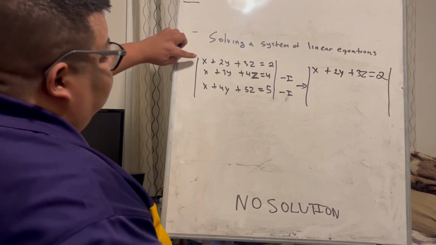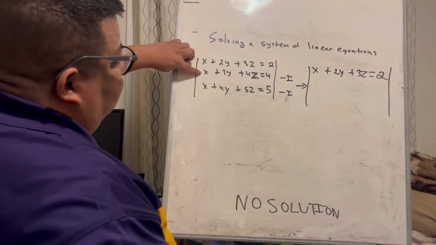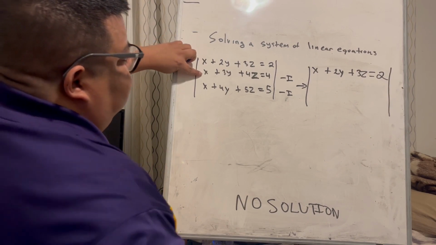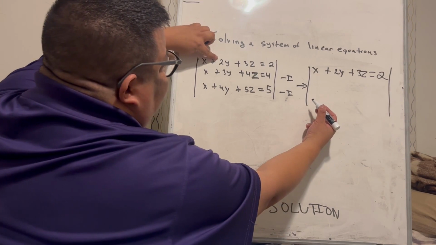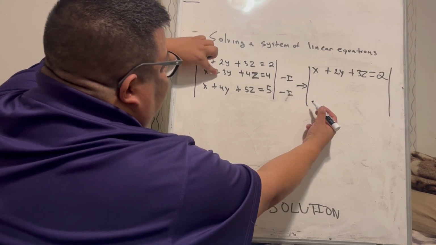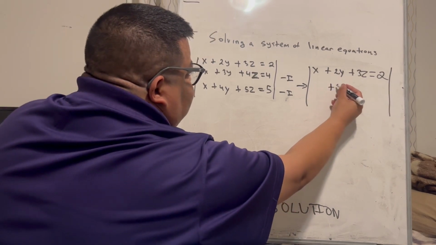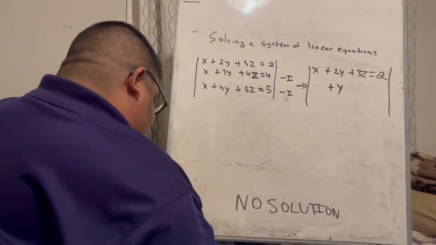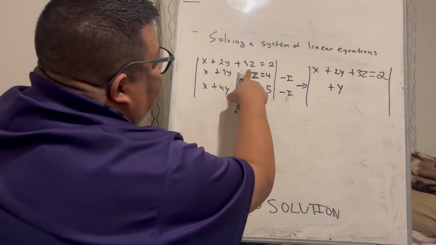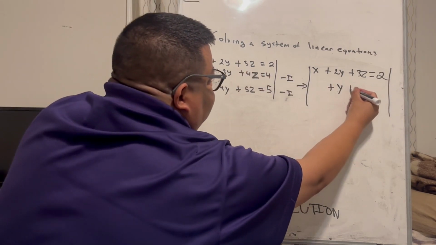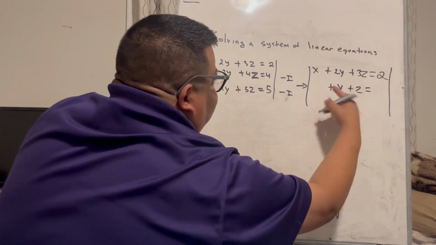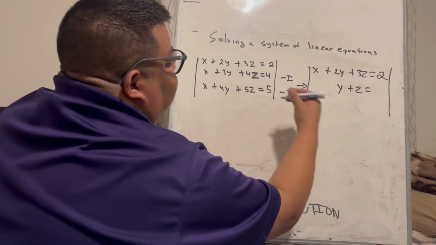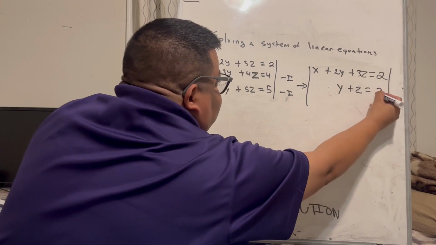Okay, so now negative x, multiply the first by -1, so it'll be negative x plus x, that's 0. Then negative 2y plus 3y, that's y. And then negative 3z plus 4z, that's plus z equals, and then negative 2 plus 4, and that's 2.